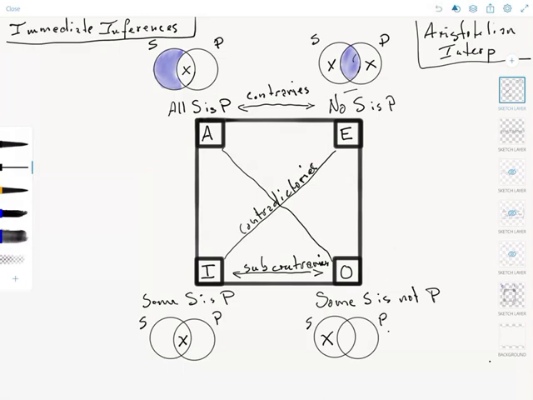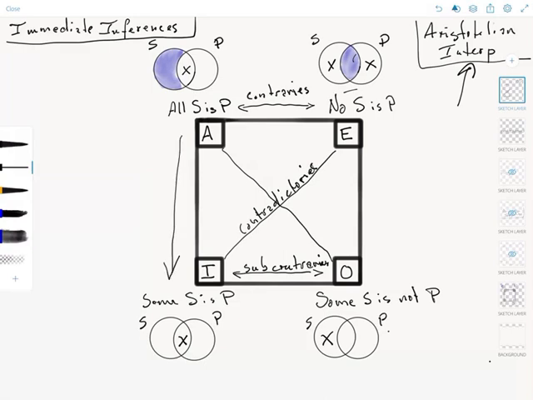Okay, excellent. Now, a couple more. What if we knew that all S is P is true? If all S is P is true, then on the Aristotelian interpretation, which includes the existence of the universals, we would also know that some S is P would have to be true.